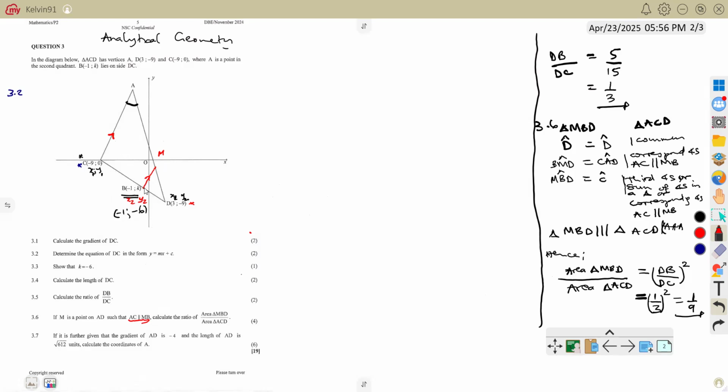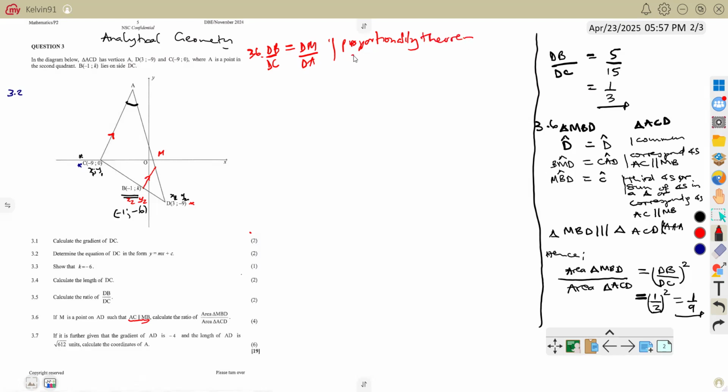Since we already have this ratio here, we can conclude, still on question 3.6, that DB over DC must be equal to DM over DA, and the reason for that is the proportionality theorem.